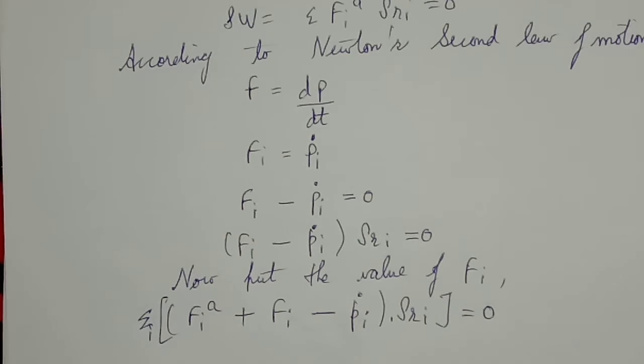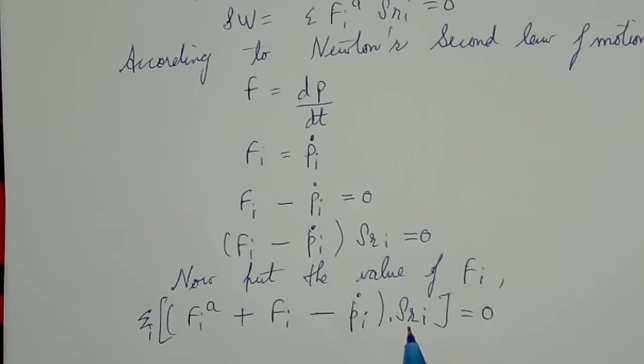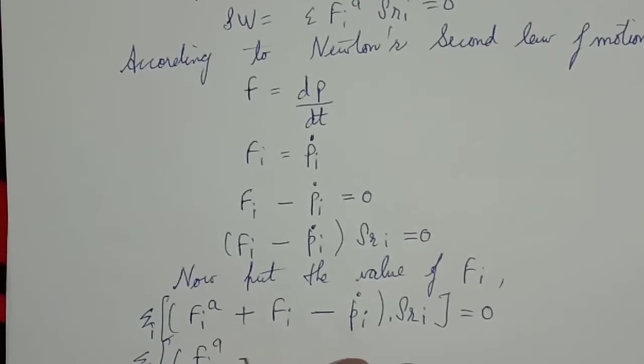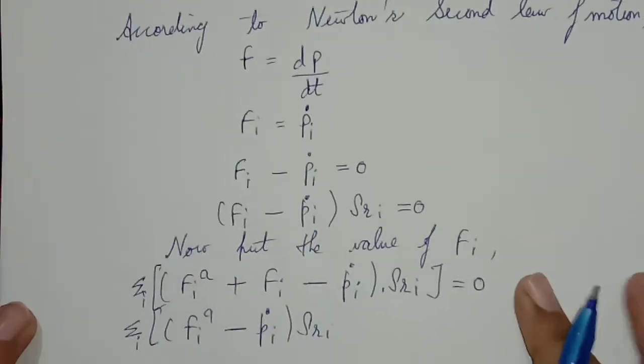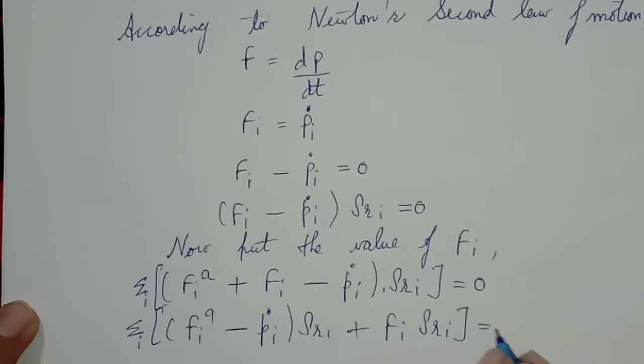In this we take the case when the system is dynamic, then this is our force, the sum and difference of momentum. So multiply delta Ri with this. So open it: summation i (Fia minus pi dot) dot delta Ri plus Fi dot delta Ri equals 0.